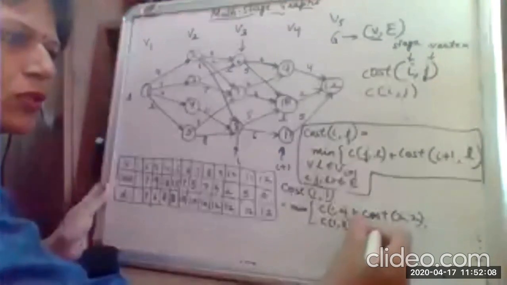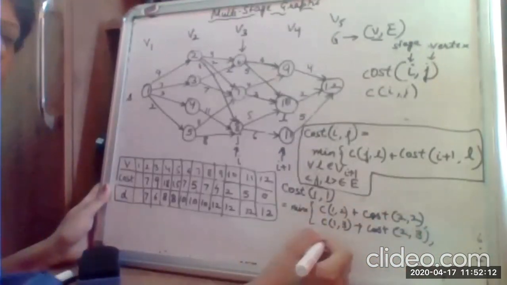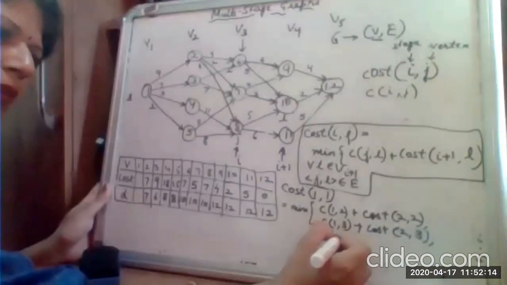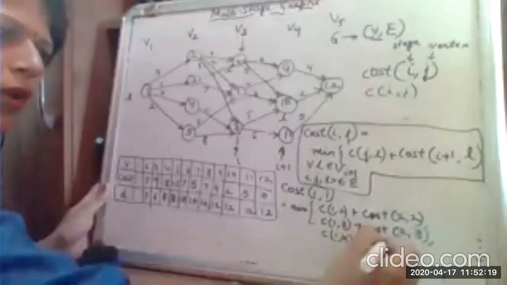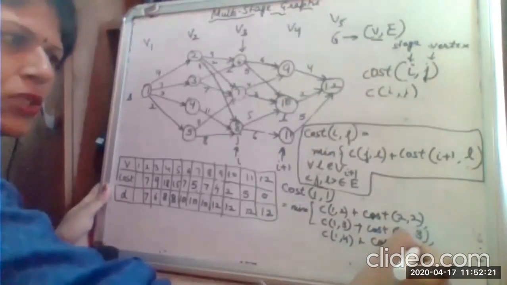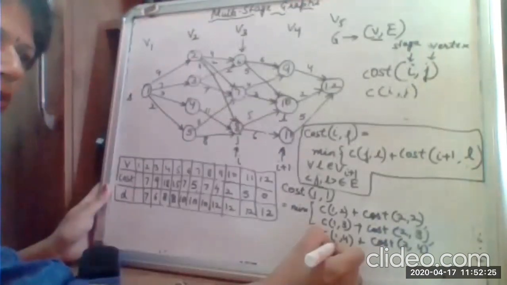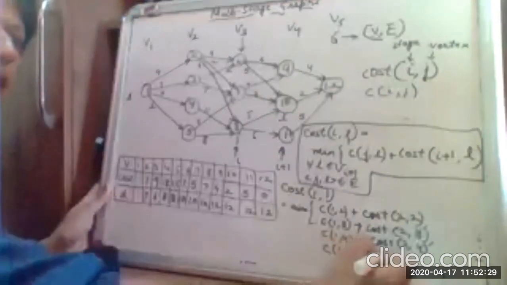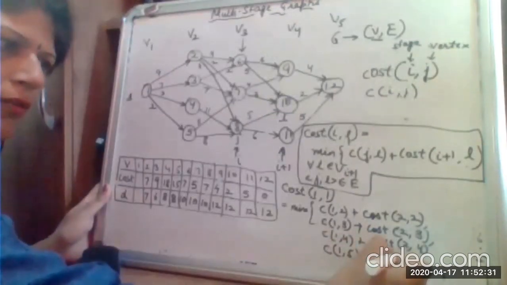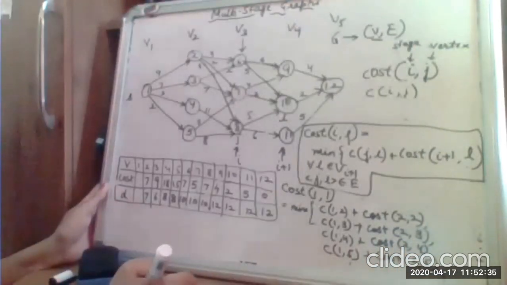That is cost of second stage, third vertex. Then cost of 1 to 4 plus cost of second stage, fourth vertex. Then cost of 1 to 5 plus the cost of second stage, fifth vertex.